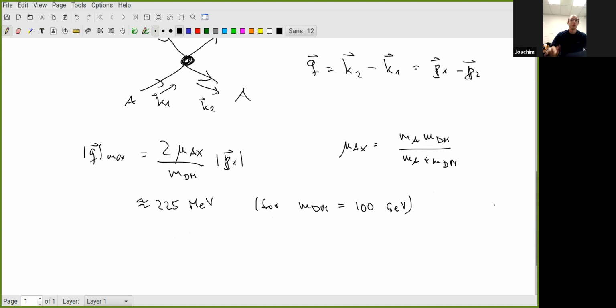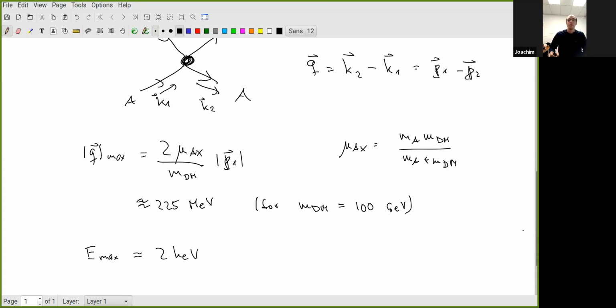If you know the mass of the nucleus, then you can also calculate the transferred energy. The maximum transferred energy is also small. In this case, it's about 2 keV. So this is all low momentum, low energy processes.